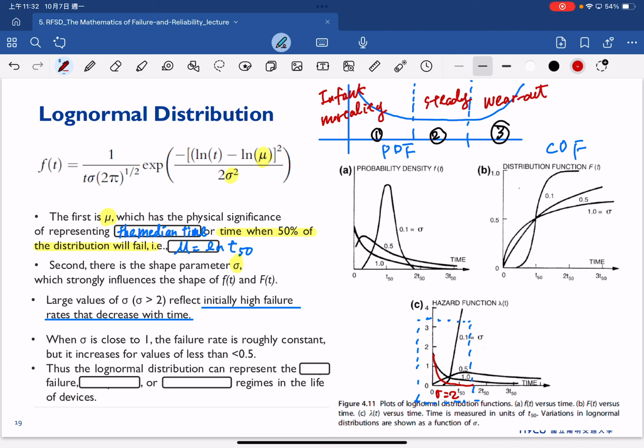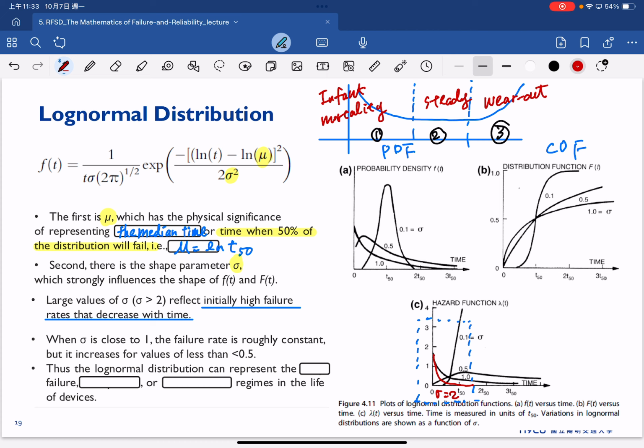This is something we have already mentioned in the introduction when talking about the bathtub curve. It is exactly similar, no matter for a human being or for our semiconductor product. And the powerful thing about the log-normal distribution is that we can use it to model these 3 phases.